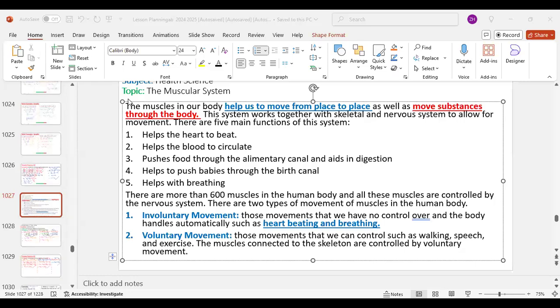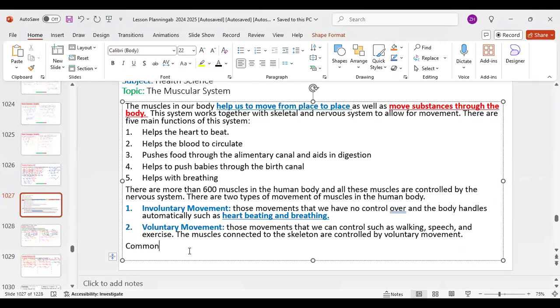Let's look at the common muscles of the body. The common muscles of the body are the biceps and the triceps. That's the upper arm.